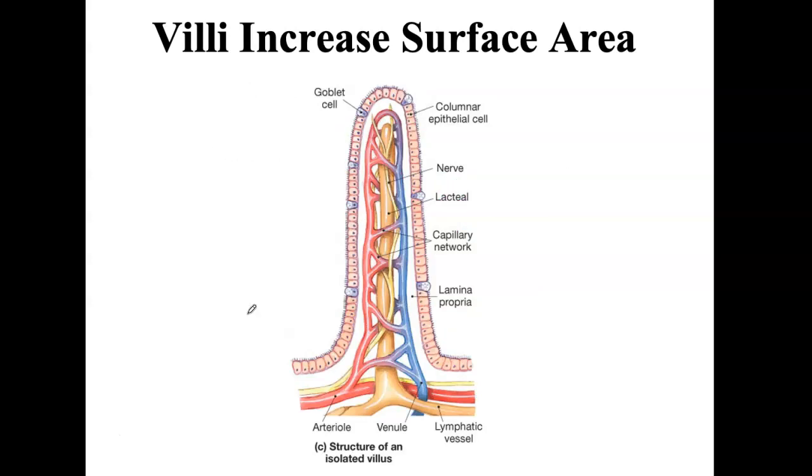Okay, remember the villi? They increase the surface area, remember? So what I did want to show you here is that if you came inside a villus, what would you see? You'd have a tiny artery, an arteriole, branching out to a capillary and going to the venous system. And then also in between, in brown here, is a lymphatic vessel.